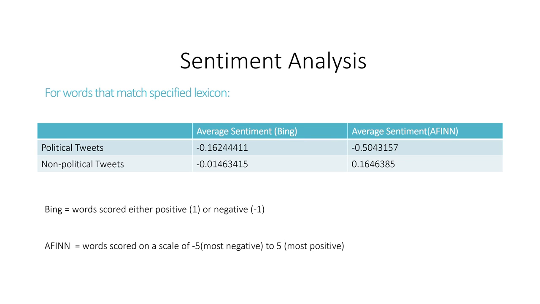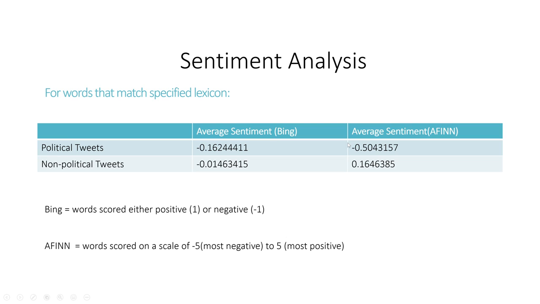So I rescored those as either 1 or -1, and then I summed up the scores of all the political tweets for words that matched the Bing lexicon, and then took the average, dividing by the total number of words. As you can see, the political tweets are slightly more negative than the non-political tweets.